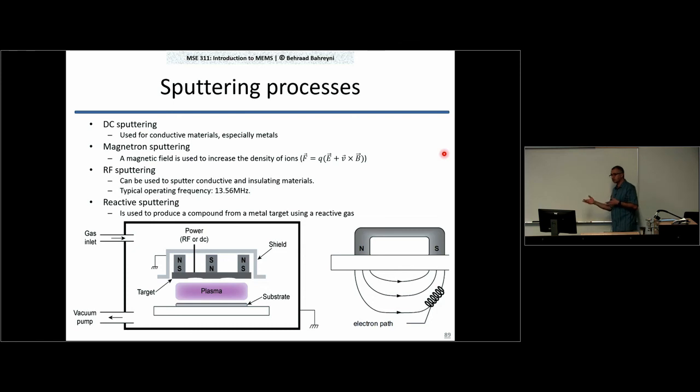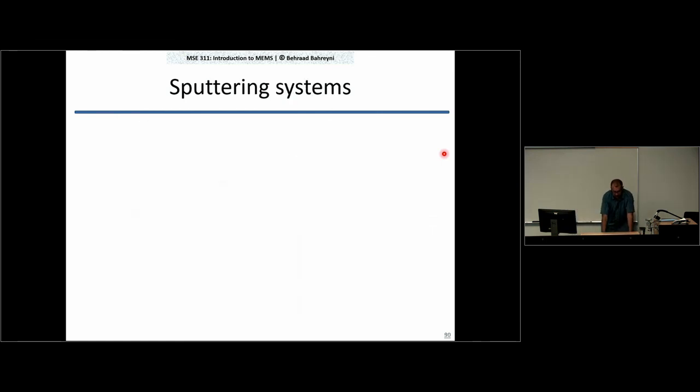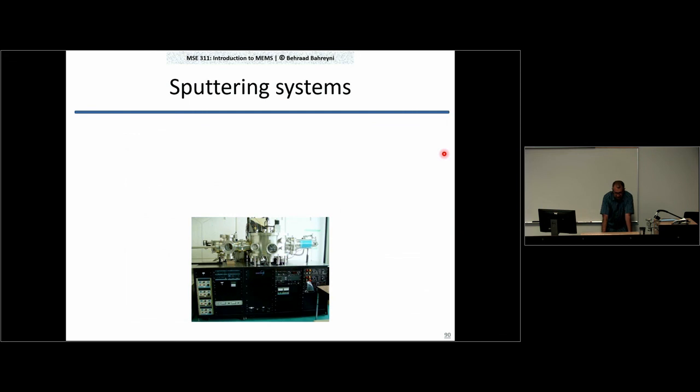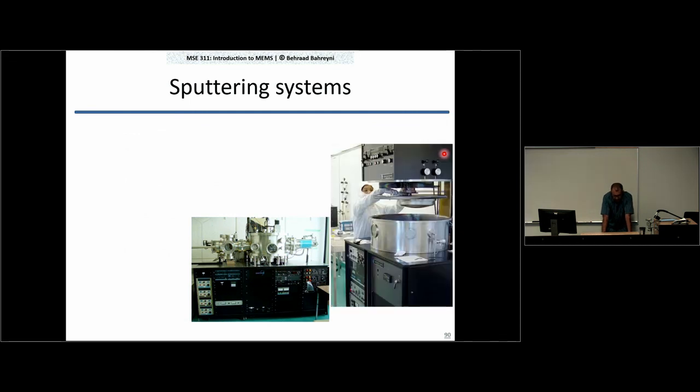So if you use nitrogen as your plasma gas, it reacts with aluminum upon the sputtering process, and you can deposit aluminum nitride. So this process is used if you want to create a compound and move from a purely physical process to somewhat a chemical process. Typical sputtering systems, again, look like this in a research grade facility.